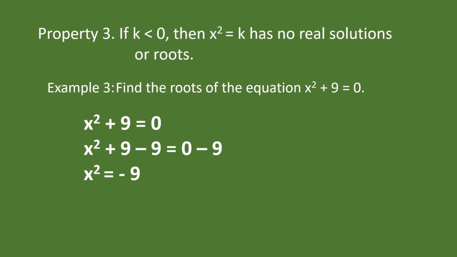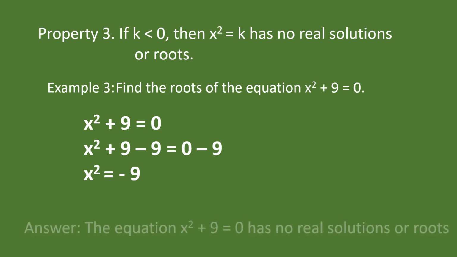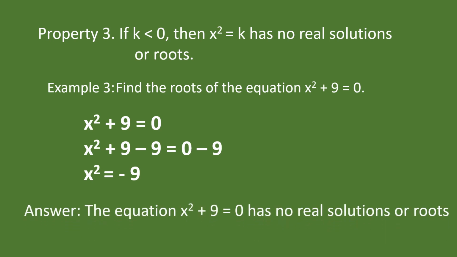So we have x squared is equal to negative 9. So our k is less than 0, or it is equal to negative 9. Our answer would be the equation x squared plus 9 equal to 0 has no real solutions or roots.